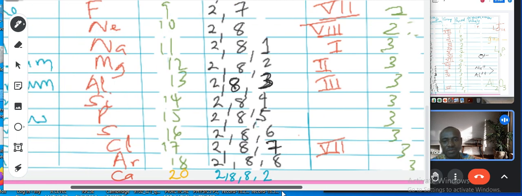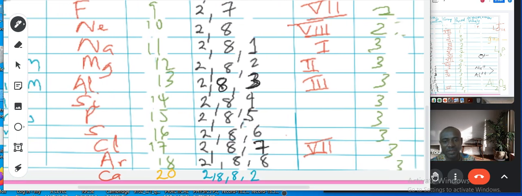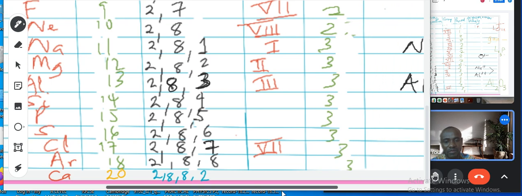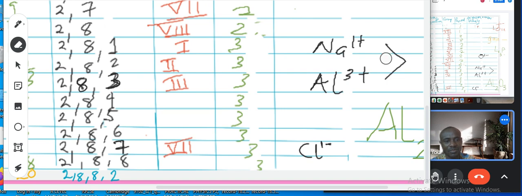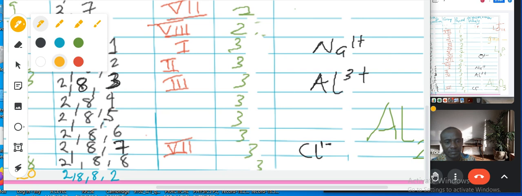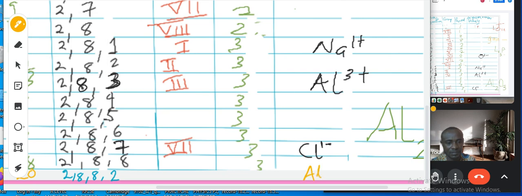By the way, let me write what chlorine is. Do I have chlorine here? Chlorine is 2, 8, 7. So what's the ion of chlorine? -1. So it will be Cl minus, 1 minus if you like. So if aluminum combines with chlorine, what will it form? AlCl3.